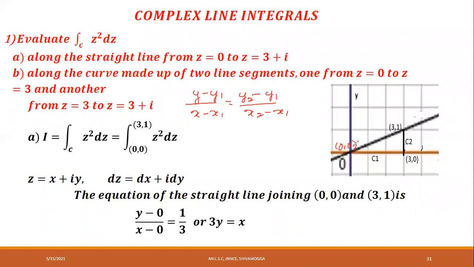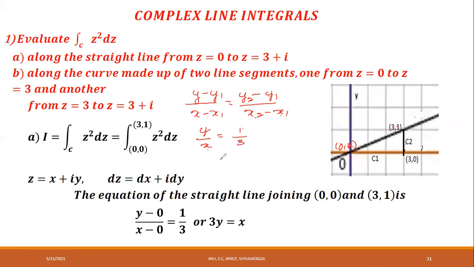Clearly this is (x1, y1) and this is (x2, y2), right? Substitute: (y - y1), y1 is 0, divided by (x - x1), x1 is also 0, equals (y2 - y1), that is 1 - 0 = 1, divided by (x2 - x1), that is 3 - 0 = 3.